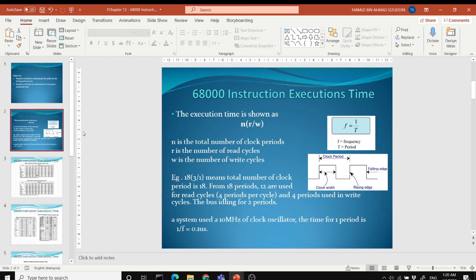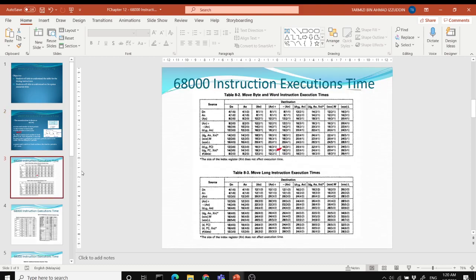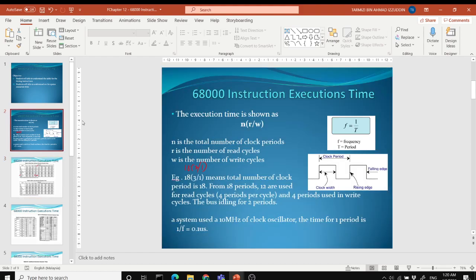If you see, it's written 18, 3/1. 3/1 means that the total number of clock periods to execute that particular instruction is 18 periods.